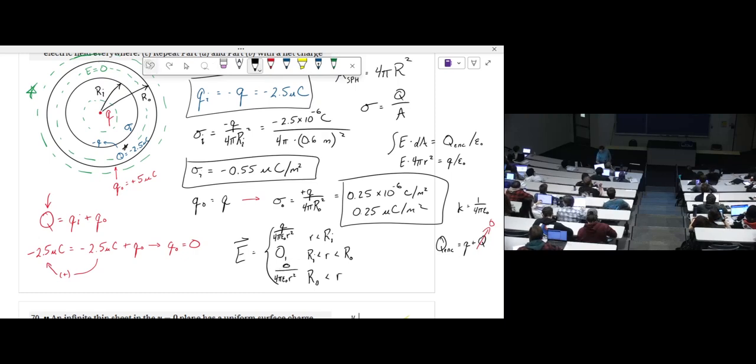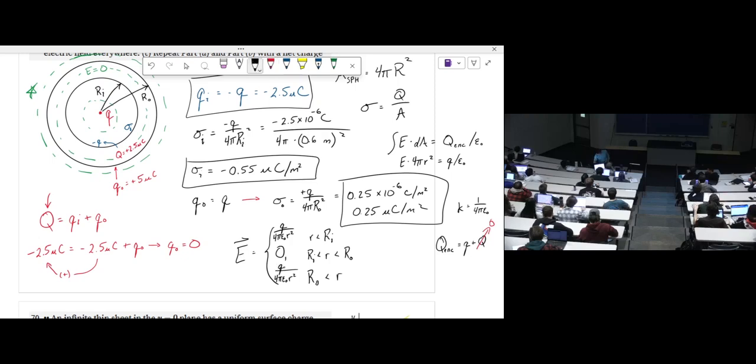Or if instead this had a charge of Q equals plus 2.5 microcoulombs, well, in that case, little q is 2.5 plus big Q is 2.5.